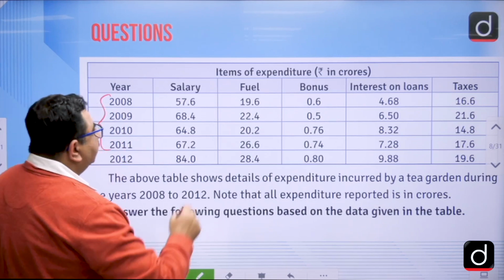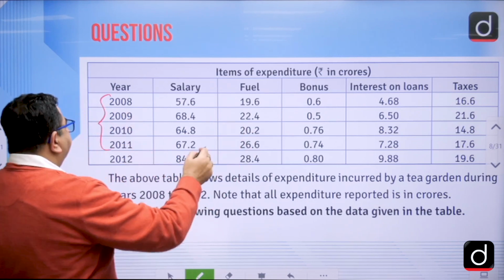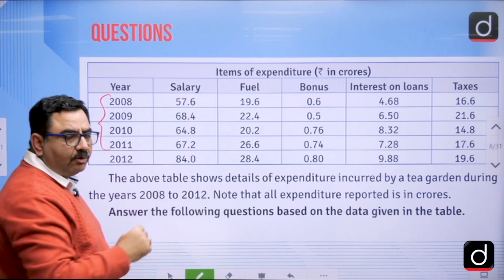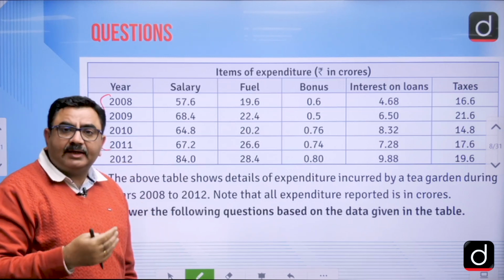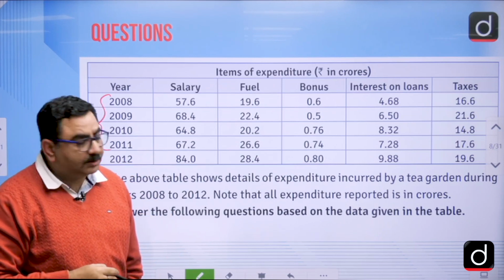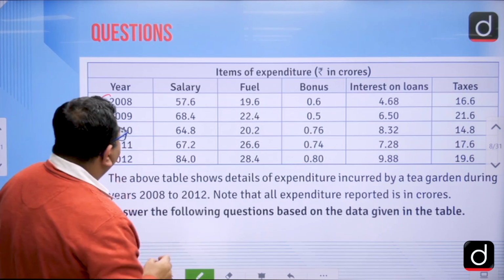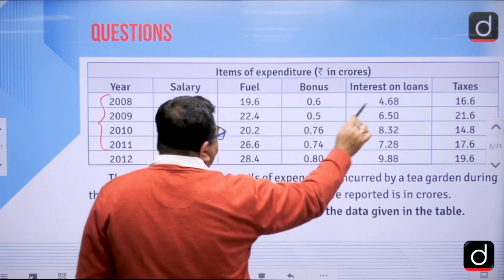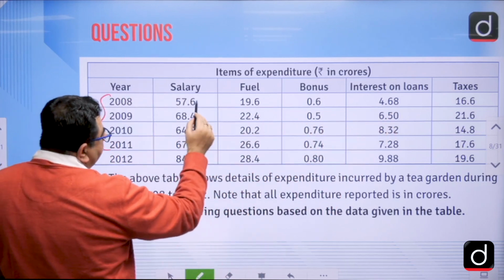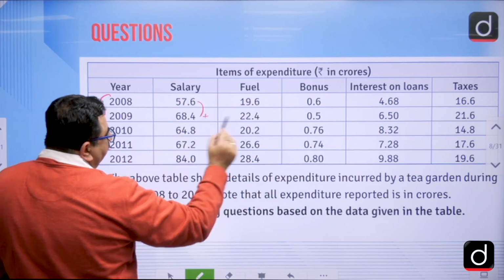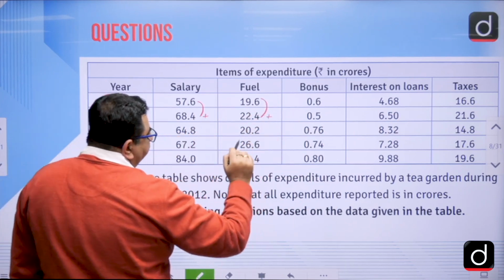Now, either I sum up all of them for 8, for 9, for 10 or for 11, or we can observe the numbers and guess which one would be greatest. Now in this, there are certain numbers written for 2008, right? Now for 2009, we can say this number is more, this is also more, right?